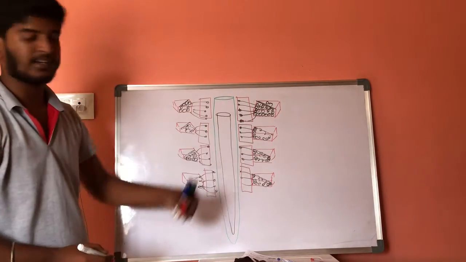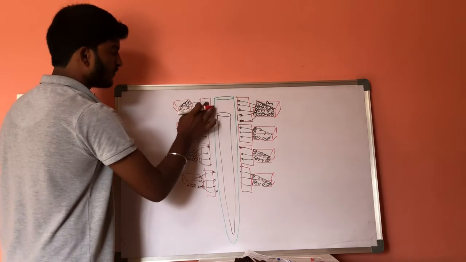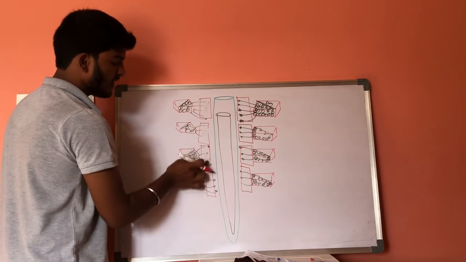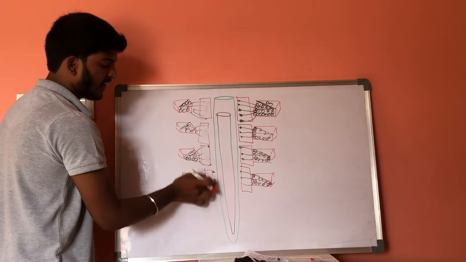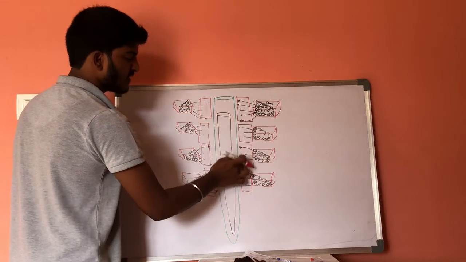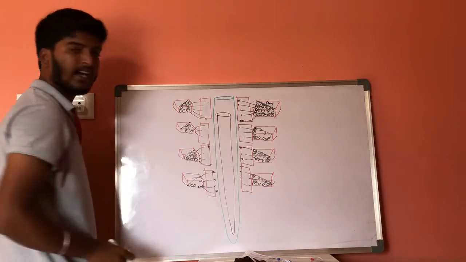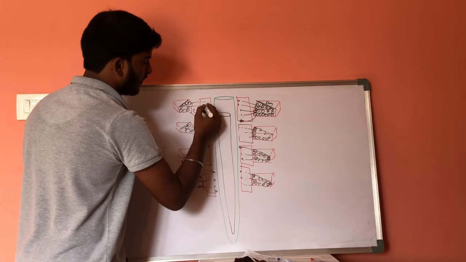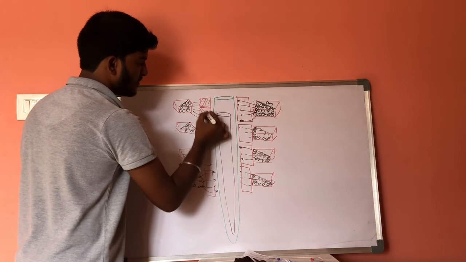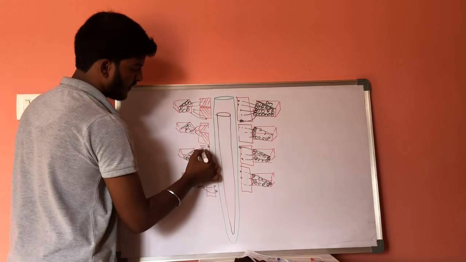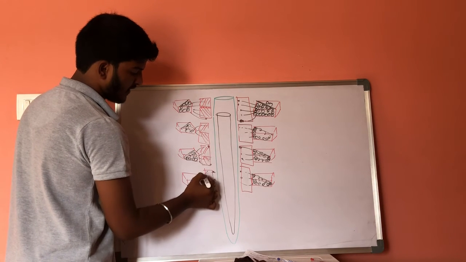These are the somatomeres. Now these individual somatomeres are divided into two divisions. One is the anterior part and the other one is the posterior part. This is the anterior part and this is the posterior part.